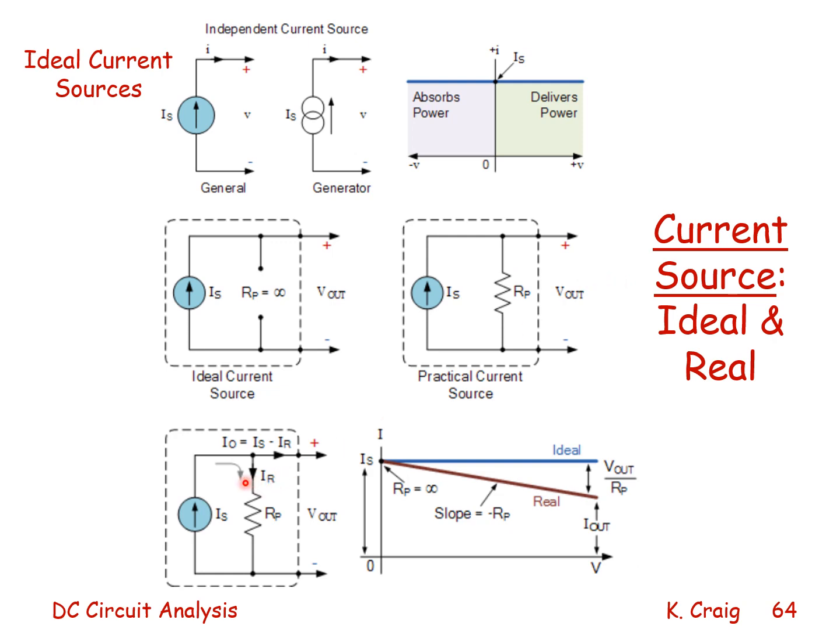So we see here that some of the current from the ideal source goes through this internal resistance and the rest will go out to the circuit connected to the source. And we see that the amount of current that gets diverted is equal to Vout over R sub P. And the slope of this line is minus R sub P, which is this internal resistance.